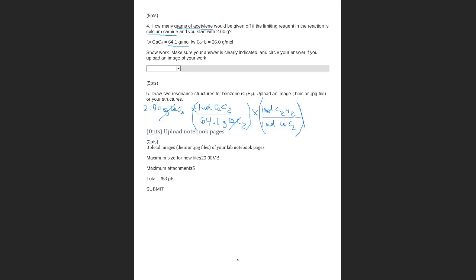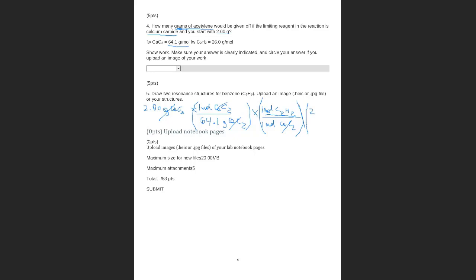So now when I cancel the units, moles of calcium carbide, my units are moles of acetylene, but they are not asking for that. They say how many grams. So all I have to do when I have moles of acetylene to convert into grams of acetylene is just one more step using the molar mass.